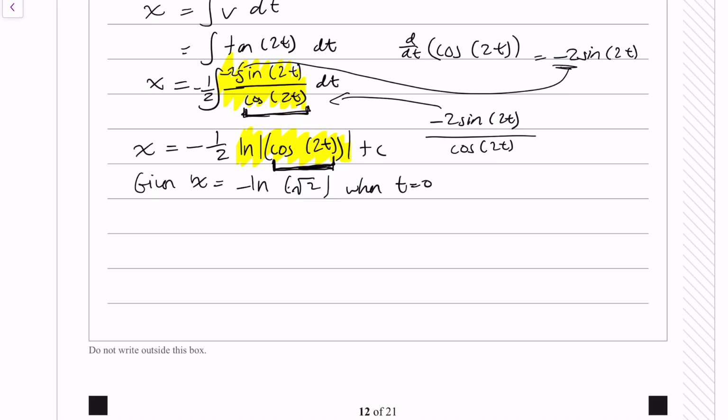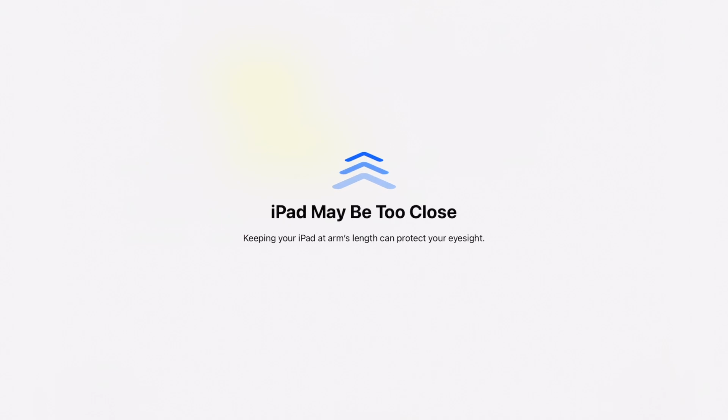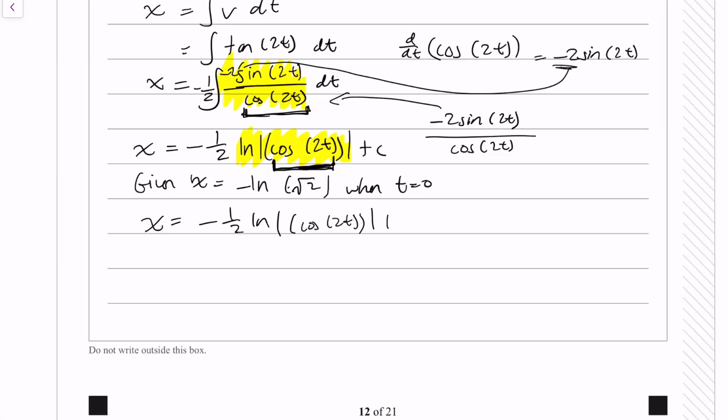Okay, and then now I have x is equal to negative half ln cos 2t. Apologies there, I meant to substitute x is equal to negative ln square root of 2, and then t is 0, so I'm making that 2 times 0 here.